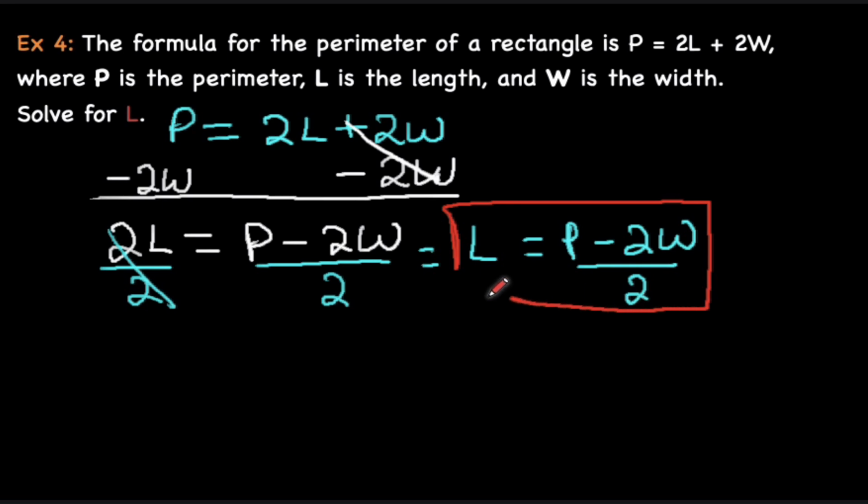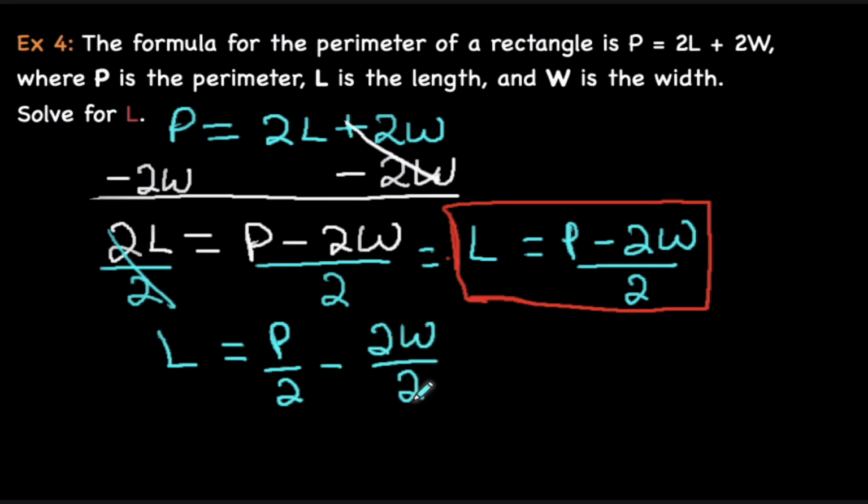However, there's another way that you may see this written, and that's where you're going to take each individual term in the numerator and divide it by 2. So this is what I mean. So you have L is equal to P over 2 minus 2W over 2.